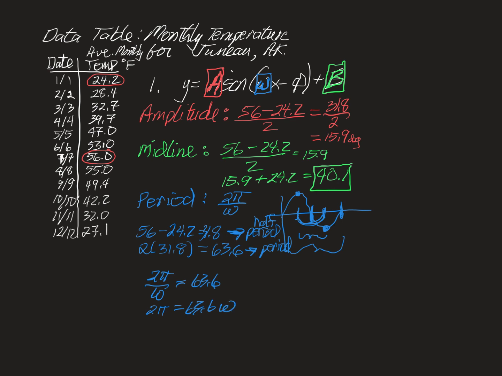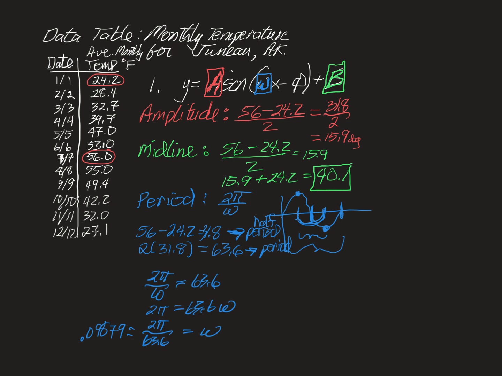And then we divide by 63.6. So 2 pi divided by 63.6 is equal to omega. And if you wish, you could calculate that out on a calculator to approximate it. So 2 pi divided by 63.6 in this case is equal to 0.09879, okay? And that's the omega value that we plug in, okay?